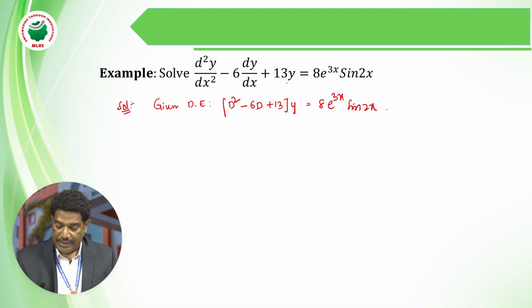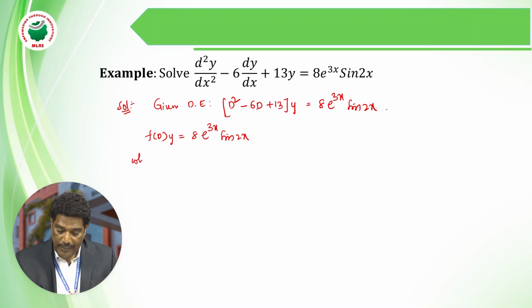So the given differential equation I am writing in differential operator form. Now I am taking this as f of D into y equals 8 into e power 3x into sine 2x. Comparing both of them, f of D equals D square minus 6D plus 13.